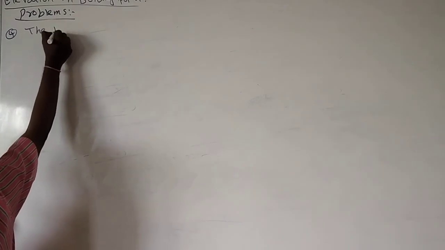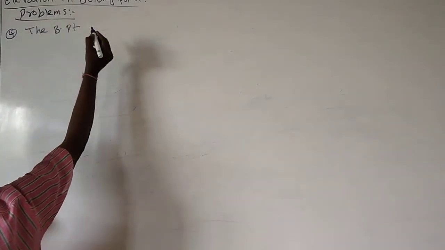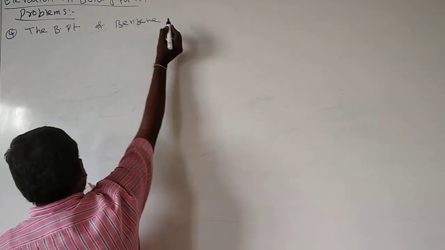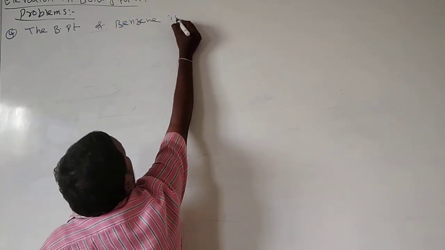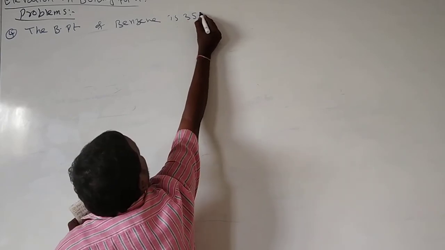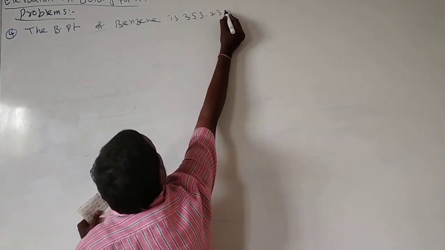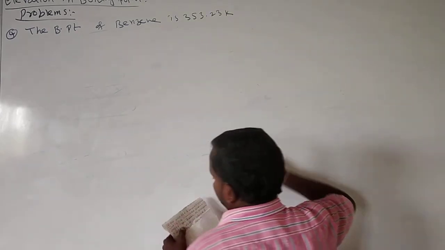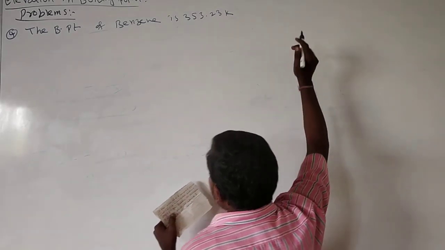The boiling point of pure benzene is 353.23 Kelvin. Don't think about Kelvin or degree centigrade; the answer will be in only Kelvin or degree centigrade.